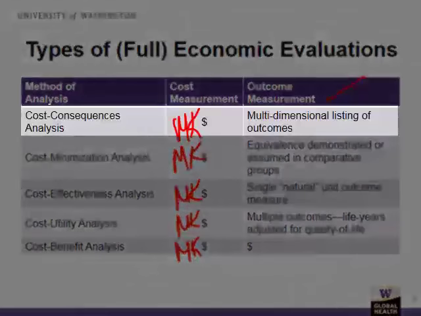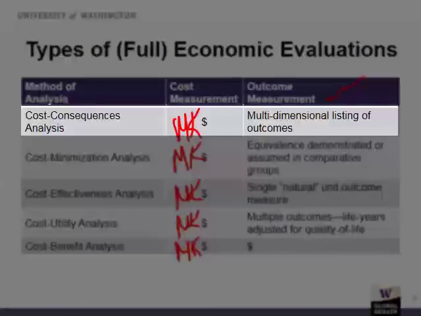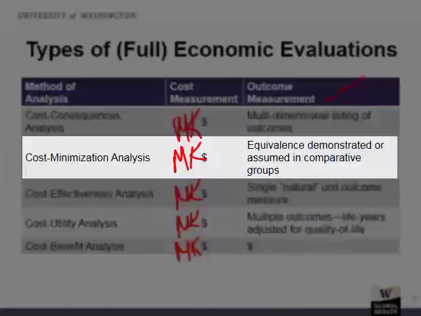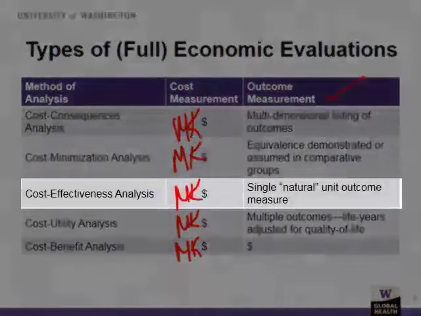In cost consequences, you have a multi-dimensional listing of outcomes, and we'll see exactly what that looks like. In cost minimization, you have equivalence demonstrated or assumed of the outcomes in the method, and you are interested in which method is essentially cheapest. In cost effectiveness, you have some natural units, and usually these are clinical units.